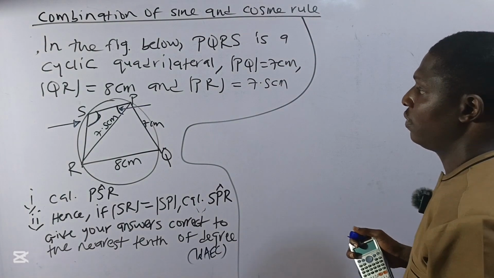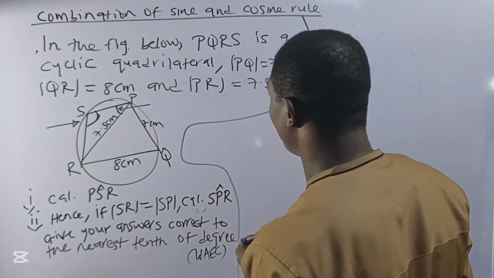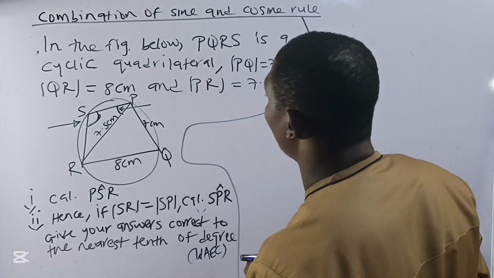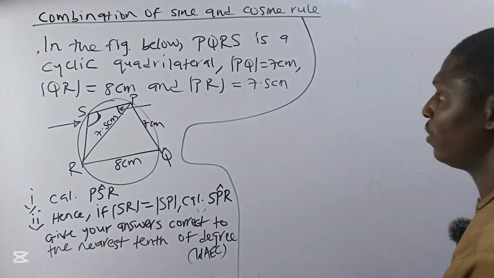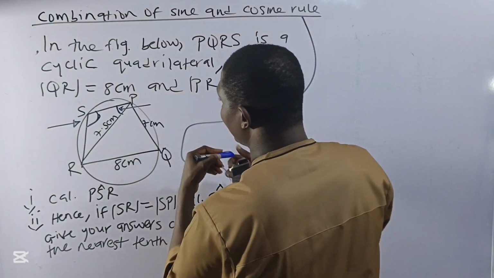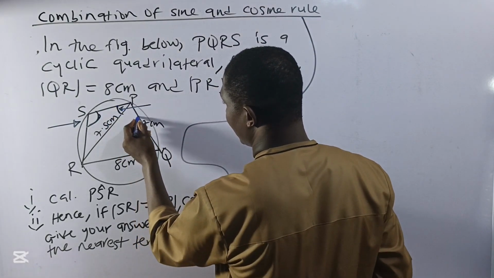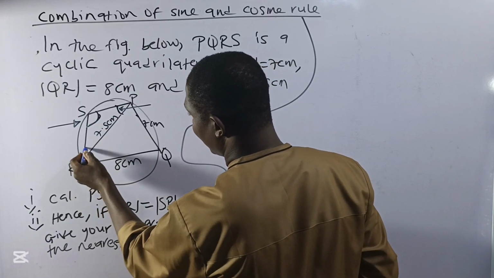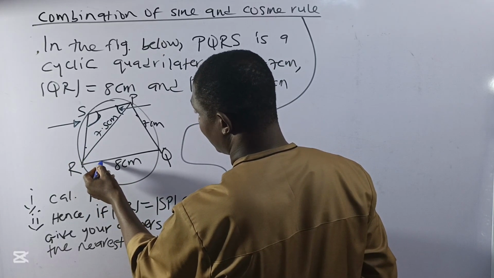First, we should have some information about cyclic quadrilaterals. The opposite angles of a cyclic quadrilateral are supplementary, meaning my total angle for P from here to here should add up with my total angle of R from here to here. Take note.